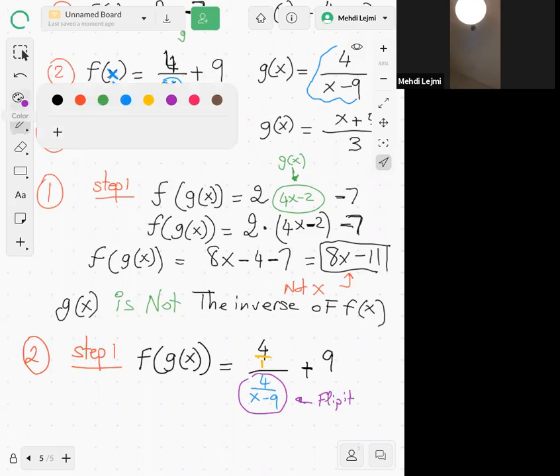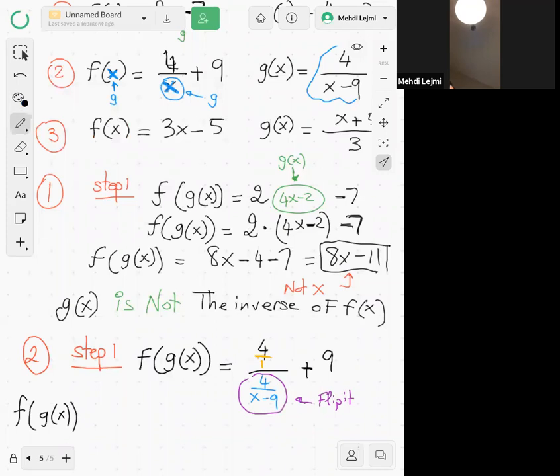All right, so f of g of x is like 4/1, right? My whole number 4 divided by 1, and I flip this, x minus 9 over 4. And then of course this is plus 9. All right, so let's try to simplify this.